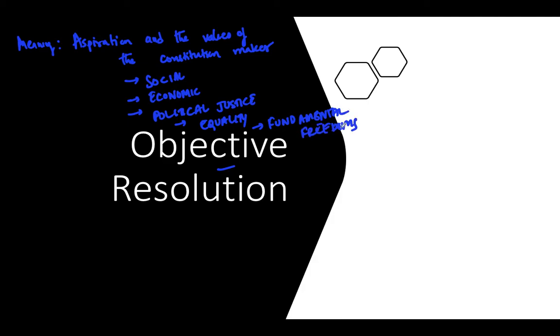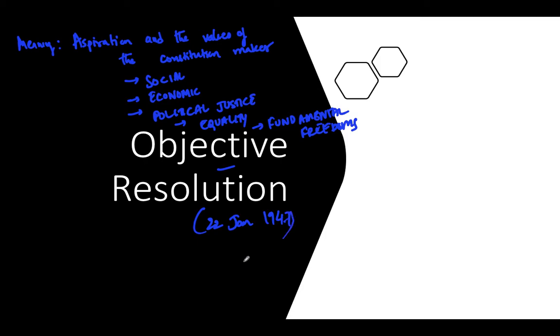So these are the rights which are guaranteed by the constitution. So the people were guaranteed social rights, economic rights, political justice, equality and fundamental freedoms. And this resolution was adopted on 22nd January 1947.